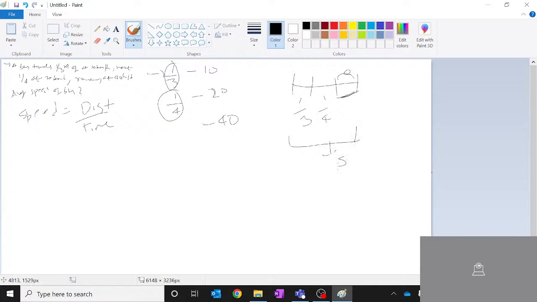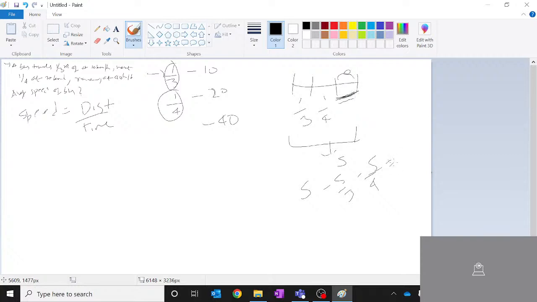Clear? Now, if the total distance is S, then S minus S by 3 minus S by 4 will give me this part. One third of S is S by 3, one fourth of S is S by 4.